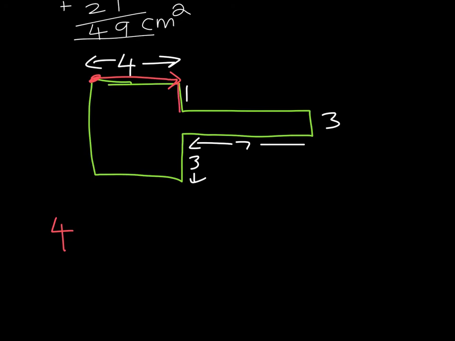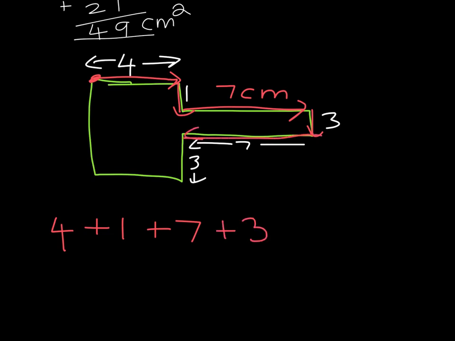Then we can go down the shape, which we know is 1, so we're going to add that on. Then we need to come across the top. Now if we look, that's parallel to the line below, so that's 7 centimetres. Always add it on in your diagram so you don't miss it out. So that's 7. Then we've got a 3. Then we need to come back across that 7, so adding on another 7. Then we need to come down a 3.